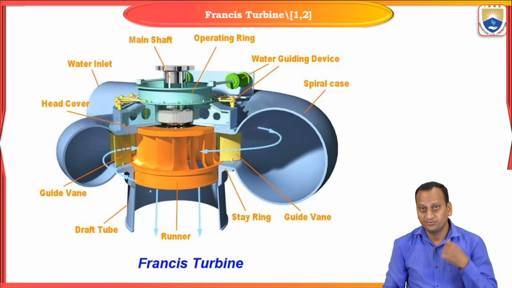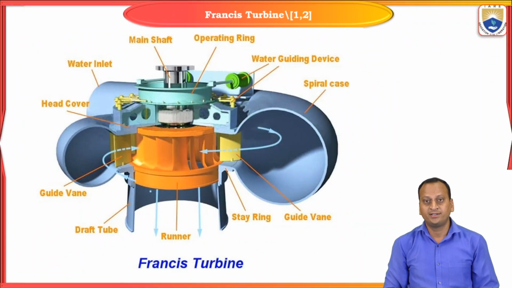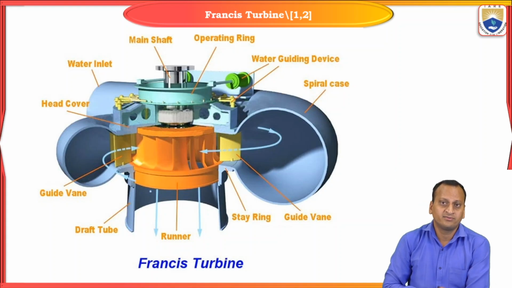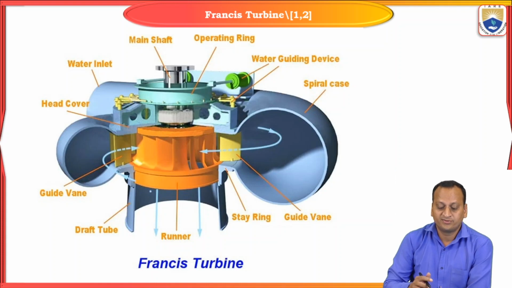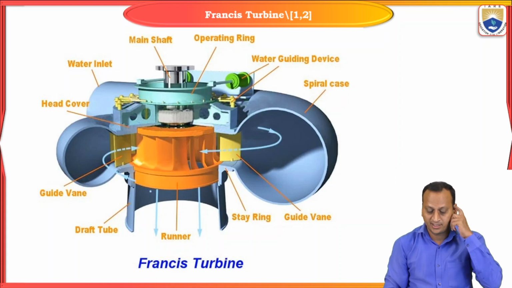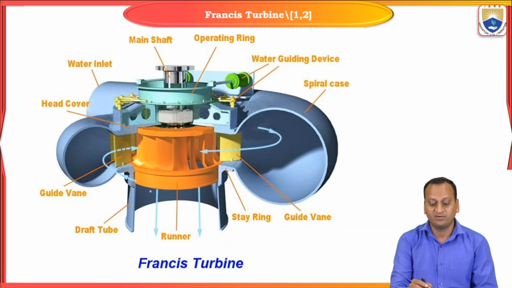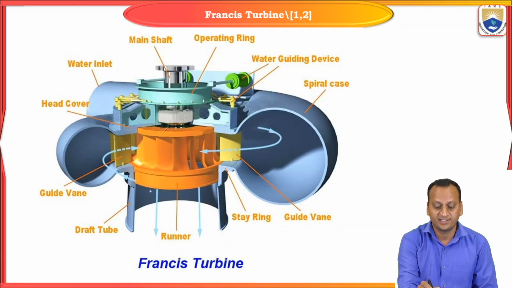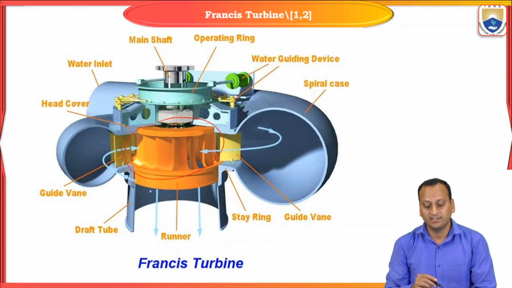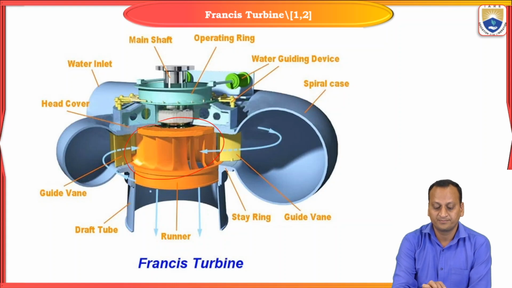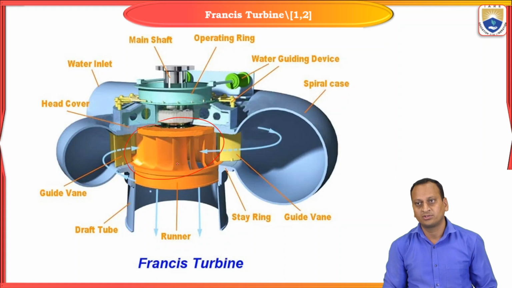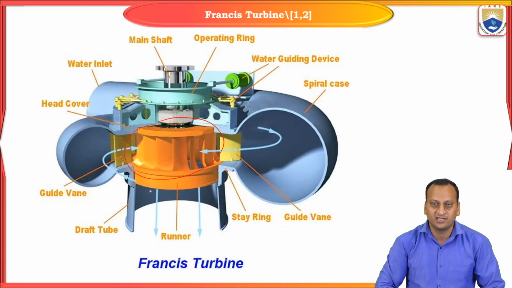So in this diagram we can see the skeleton, the different arrangement of different components of a Francis turbine. Here, as we discussed, the turbine will be enclosed in a watertight casing. So this is actually a rotor on which blades are arranged in such a way as to extract the force due to kinetic energy, and also due to pressure energy.